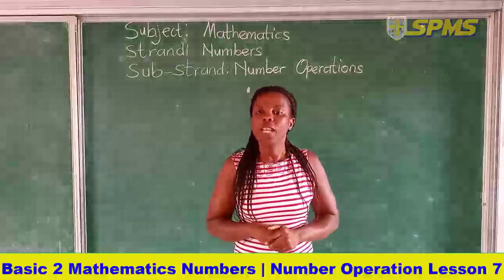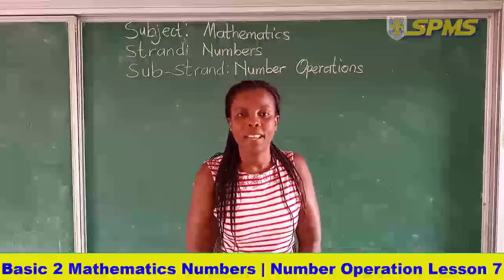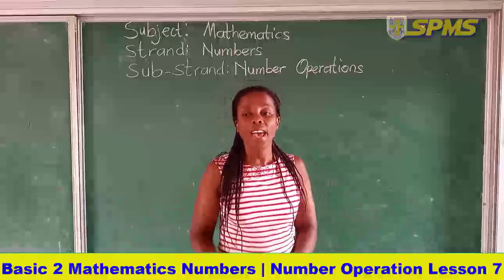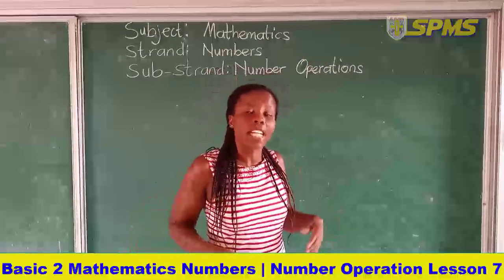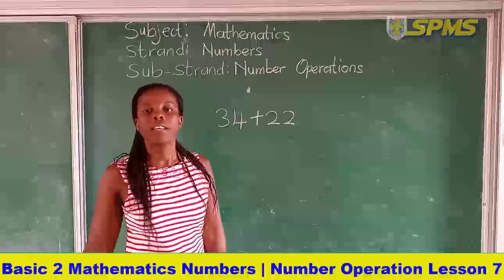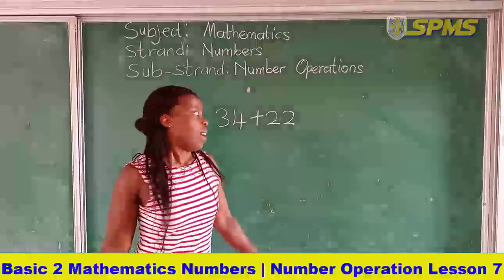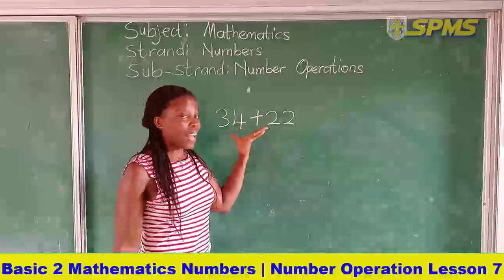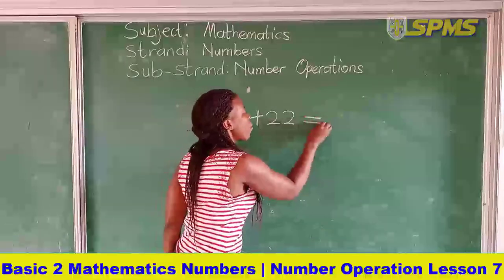Okay, so let's have these two numbers on the board to add. Let's say 34 and 22. These are the addends that we are going to add. I'm going to have my equal sign here.